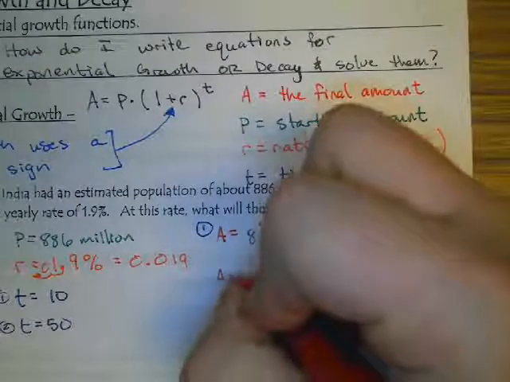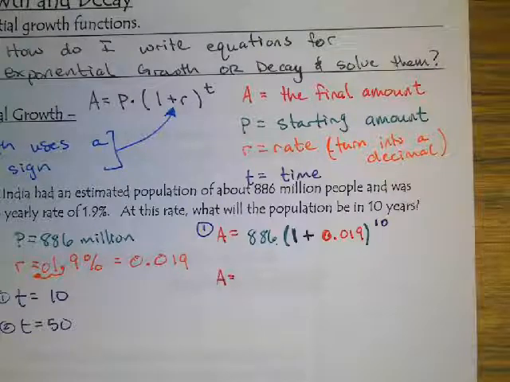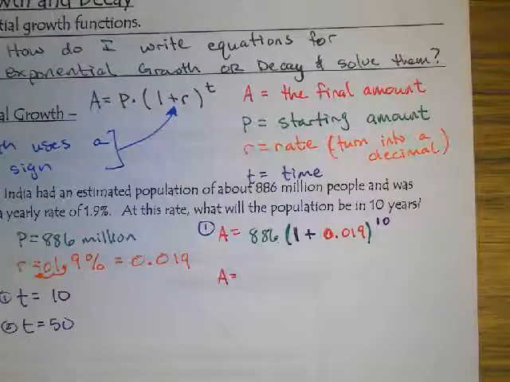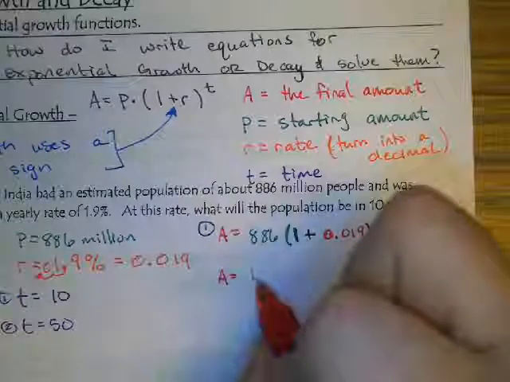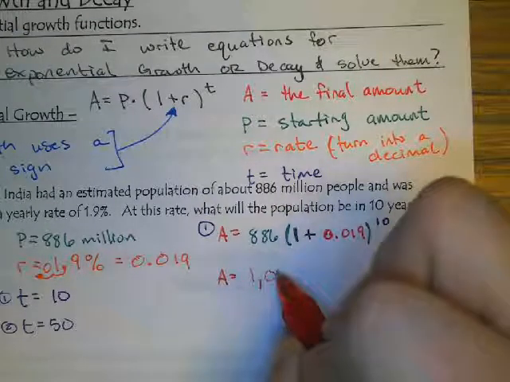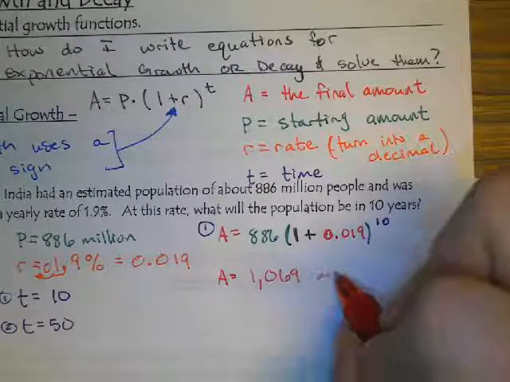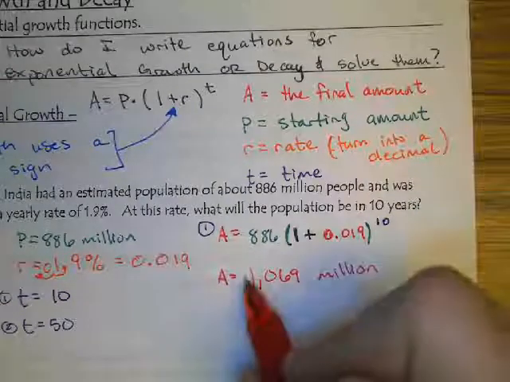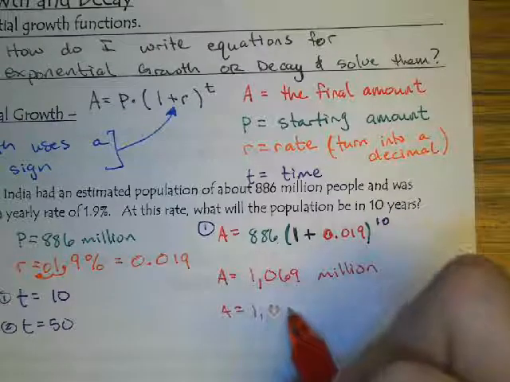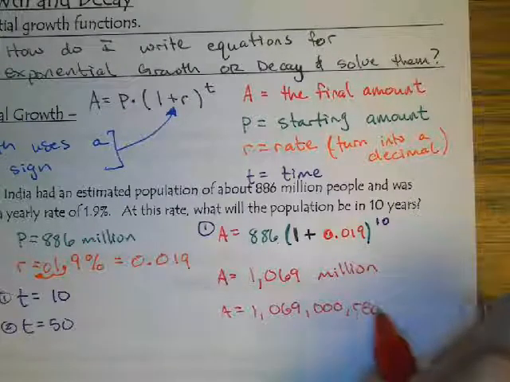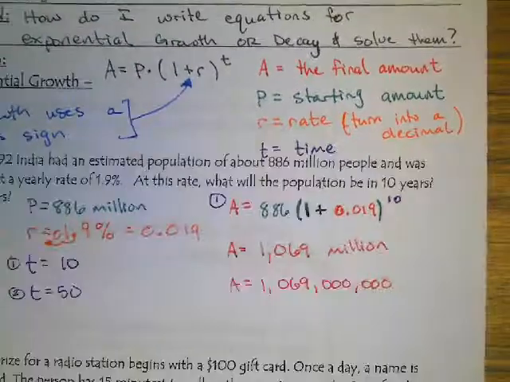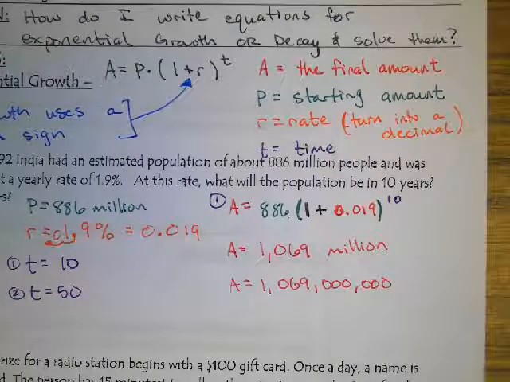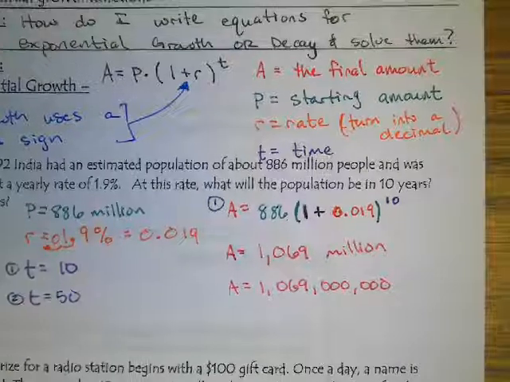So when I do that, this comes out to about 1069, and then we'll call that million. So since this is a million, it's a thousands, this actually becomes a billion. So 1,069,000,000. Okay, that's how. So it's all about identifying the pieces.